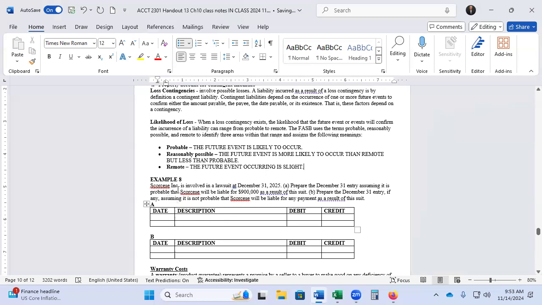So taking a look at example 8, it says Scorsese Inc. is involved in a lawsuit at December 31st, 2025. Prepare the December 31st entry, assuming it's probable that Scorsese will be liable for $900,000 as a result of this suit. Prepare the entry, if any, assuming it is not probable that Scorsese will be liable for the payment. So under the first case, it doesn't tell us exactly, but we would say something like lawsuit loss, and then lawsuit liability for 900,000.